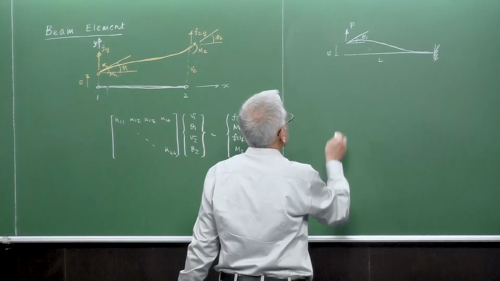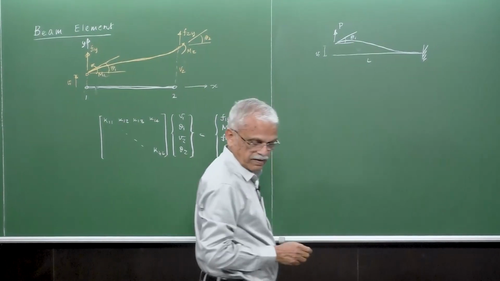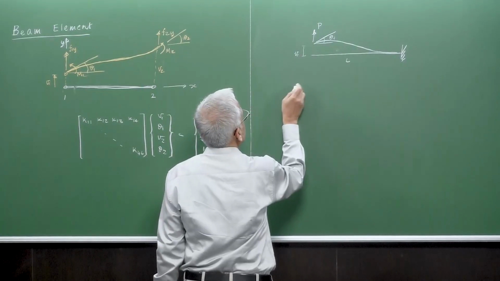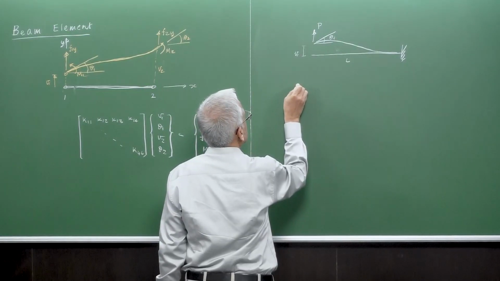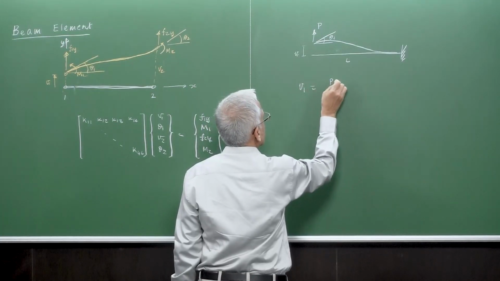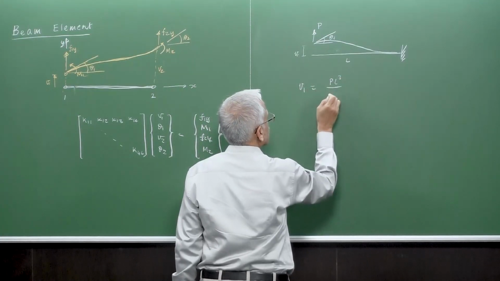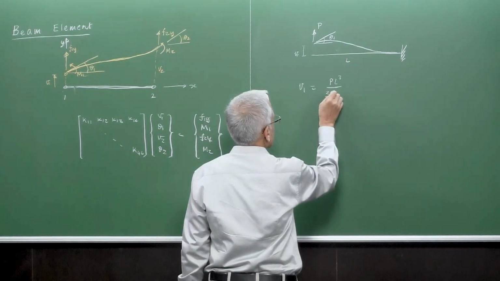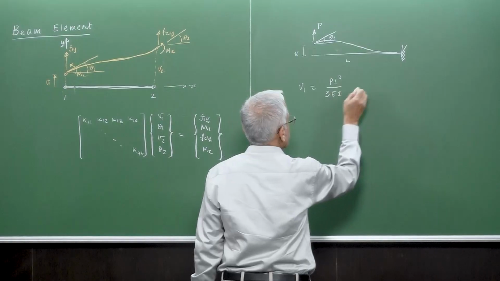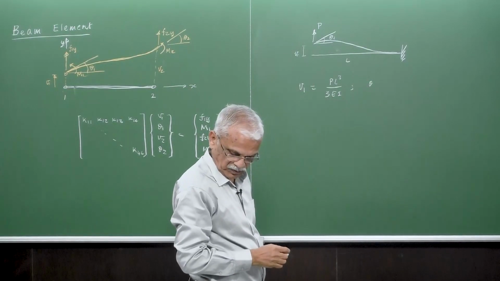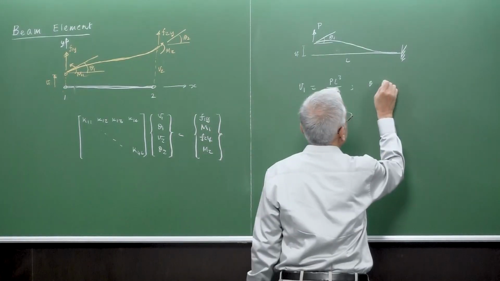And of course, these things. So here we have delta 1 or V1, which is PL cubed by 3EI, and theta here is PL squared by 2EI.